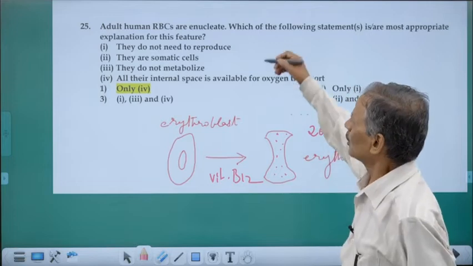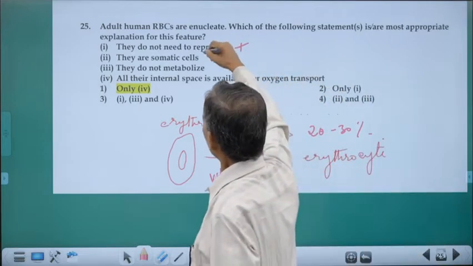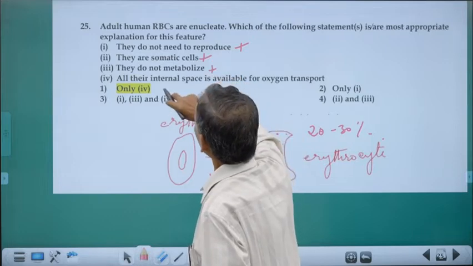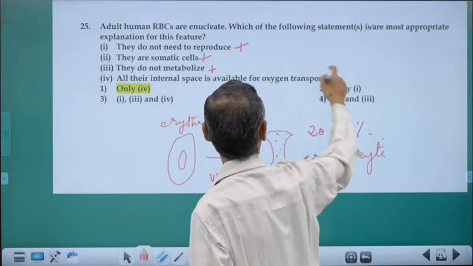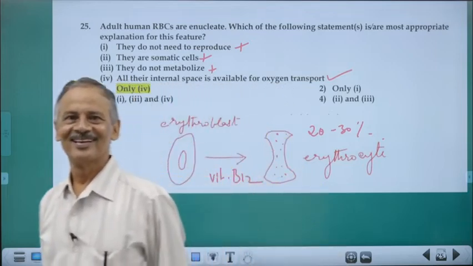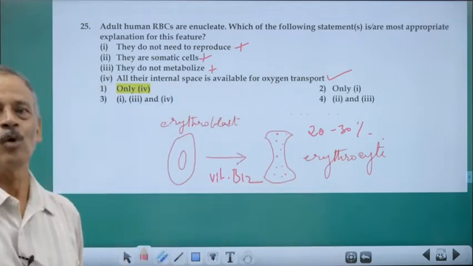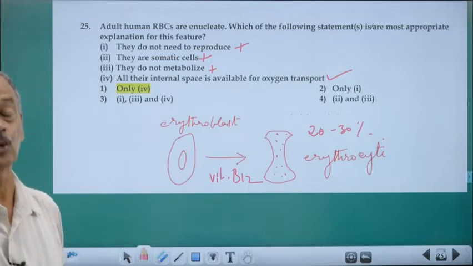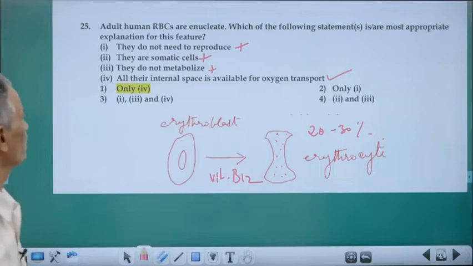Okay, so they do not need to reproduce now. They are somatic cells. They do not metabolize. All their internal space is available for oxygen transport. That's the correct one. They have two advantages also. The surface area is increased by 20 to 30%.